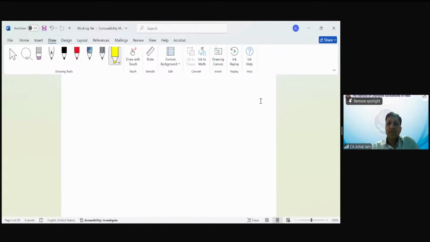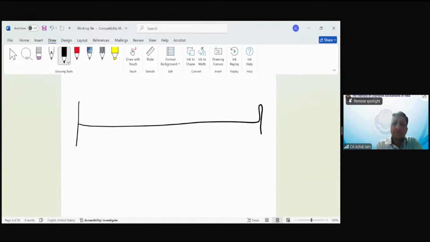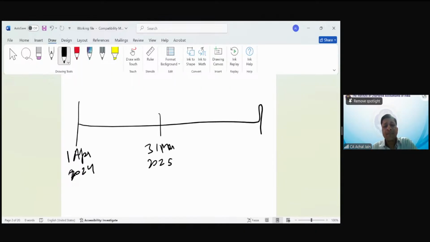Now let's suppose we are looking at the financial year ended 31st March 2025, 1st April 24 to 31st March. Now, say the company received the check on 31st March. That's what you're saying?